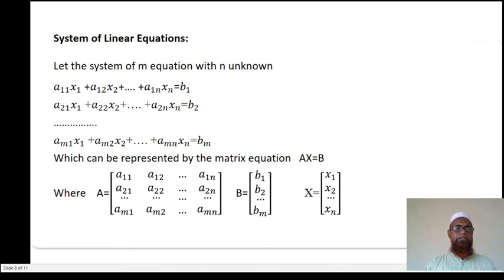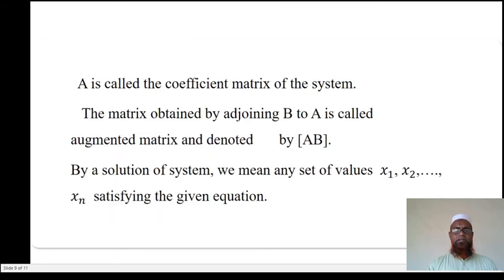Both are equivalent: the given system of equations and the matrix equation Ax equal to b, where A equal to the matrix a11, a12, dash dash, a1n; a21, a22, a2n; dash dash; am1, am2, dash dash, amn, and matrix B is b1, b2, dash dash, bm, and x equal to x1, x2, dash dash, xn.